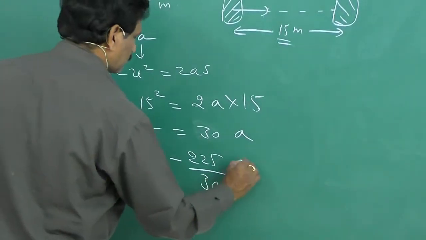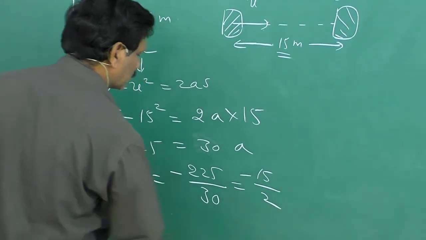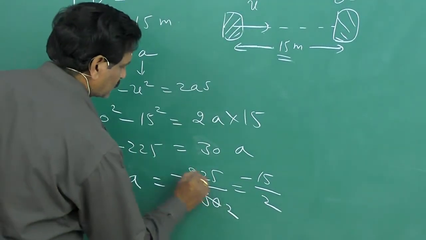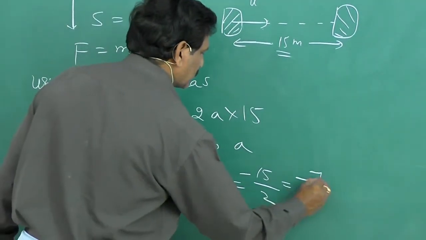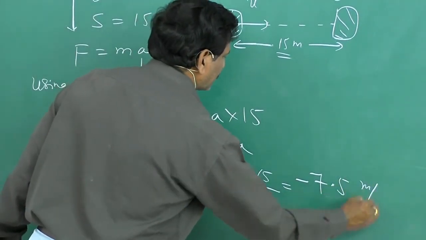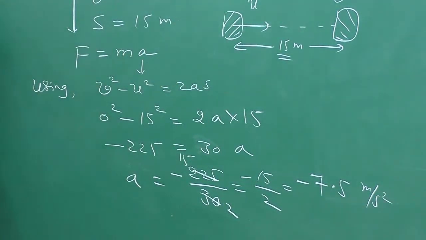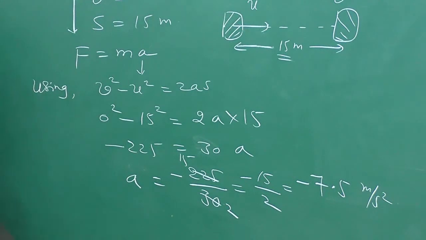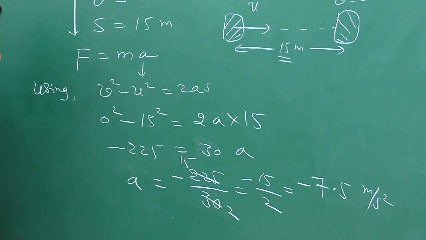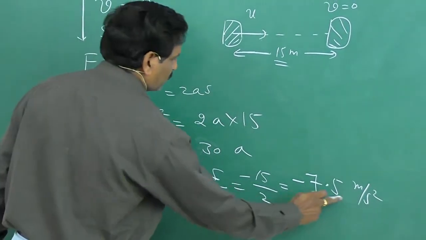So this is equal to minus 15 by 2, that is minus 7.5 meter per second square. So here acceleration is minus 7.5 meter per second square, that is retardation. Negative acceleration is called retardation. So we got retardation as 7.5.